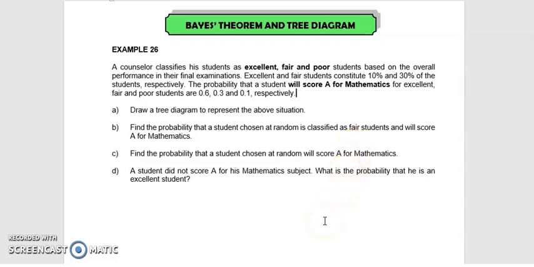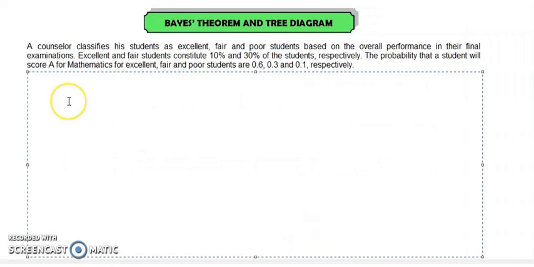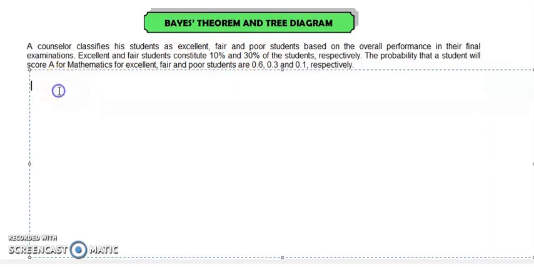Okay, now let's look at how to draw the basic tree for this problem. In order to ease labelling the tree diagram, we use notation or symbols to represent each outcome.